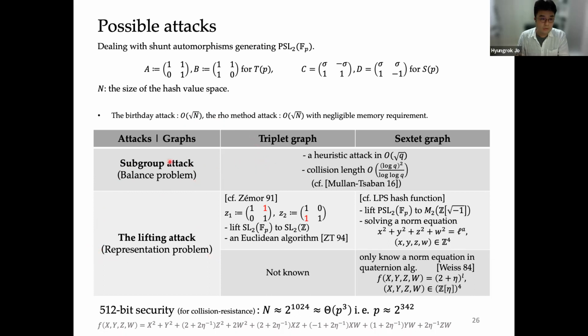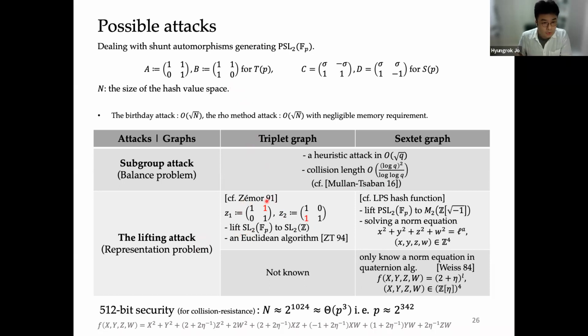For the subgroup attack, there is some heuristic attack, and the collision length is like this, which is represented by Muren and Saban. For the lifting attack in the triplet graph, the generating set is very similar to A and B for the triplet graph.